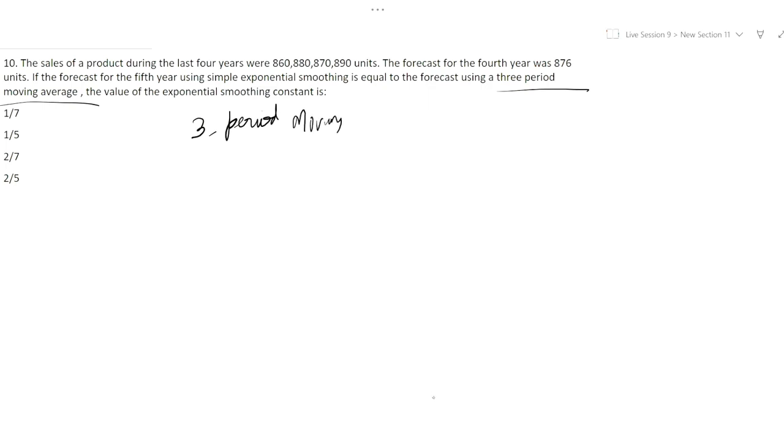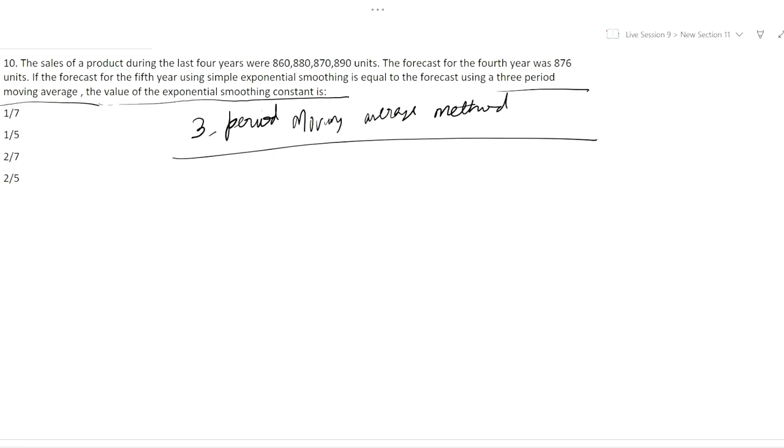Here it is asked to find the value of the exponential smoothing constant.